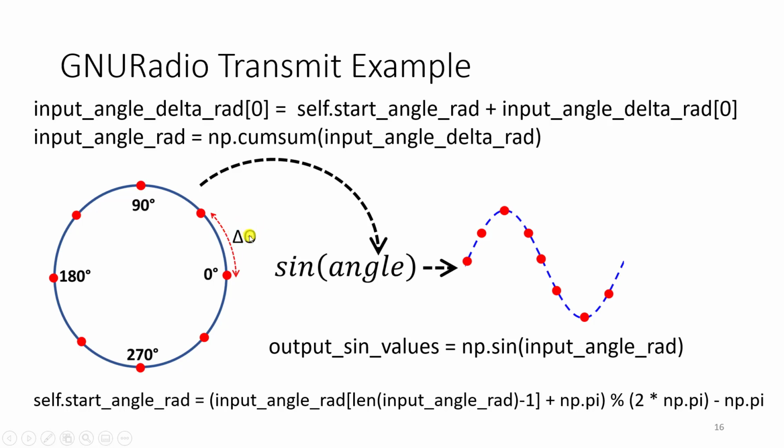These phase values, or these angular values, are in this array, and when we do this summation in Python using NumPy, what we end up getting are these actual values. And then we take the sine of these actual angular values and we get the actual sine values, which would be the chirp amplitude waveform.